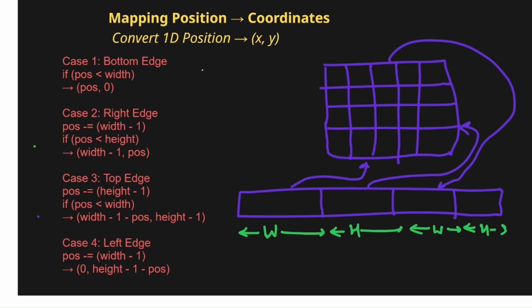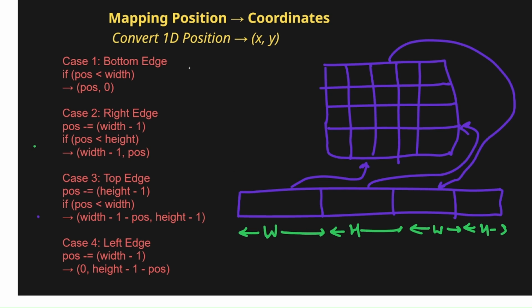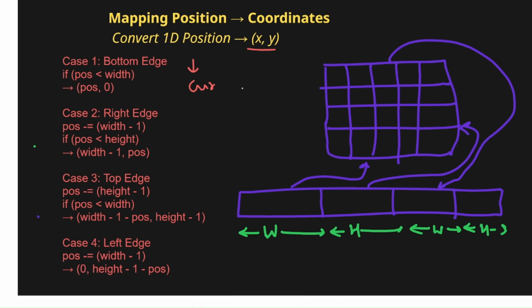Now, if the query is to get the current position of the robot in xy terms, how can we convert the current position from 1D into xy coordinates? How can we get the coordinate of the robot in the 2D grid?